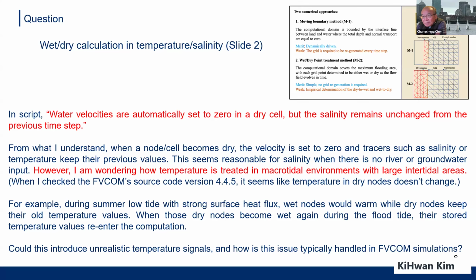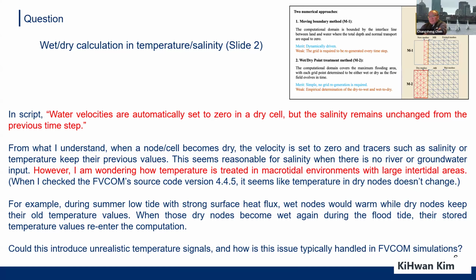However, I wonder how the temperature is treated in a macrotidal environment with a large tidal region. For example, during summer low tide with strong surface heat flux, wet nodes would become warm. However, dry nodes keep their original temperature value during that time.